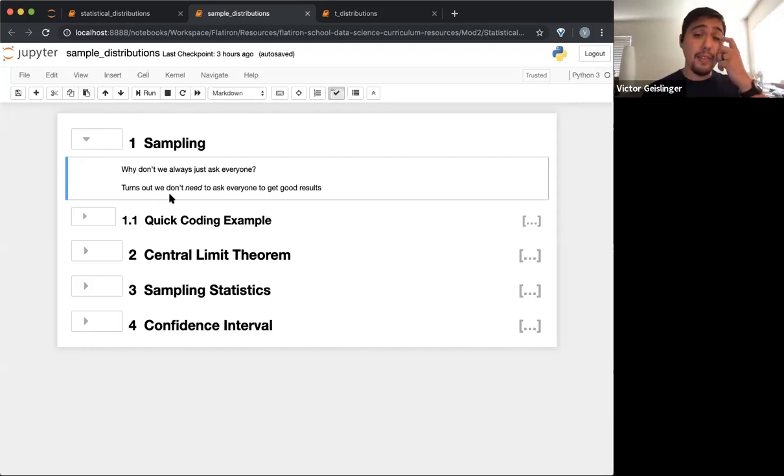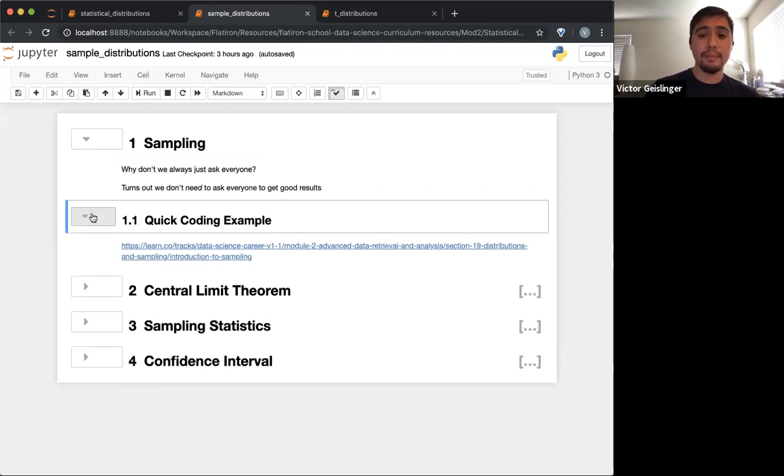And it turns out it's not that many. You don't need a huge amount of the population to get a pretty decent idea of the whole population. Of course, as you get more and more, that can give you more information. But sampling is actually a pretty good tool that we can use.